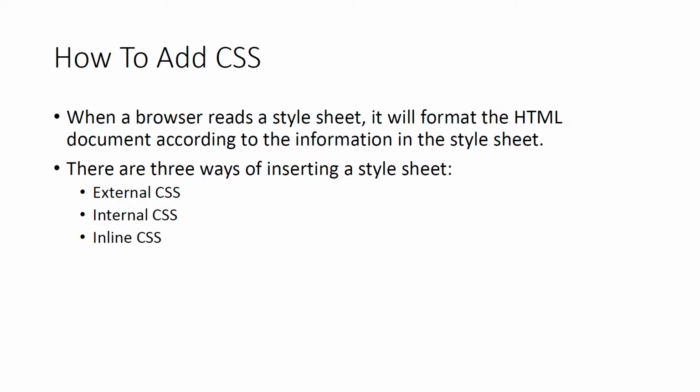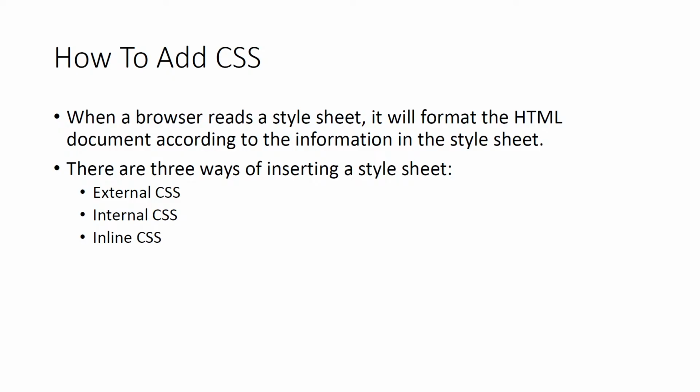Anyway, let me just step here. So going through the next is what we are calling the internal. With the internal, we are going to write our style within a style tag, which we shall put inside the head section. So in the head section, that's where we're going to put our style tag.